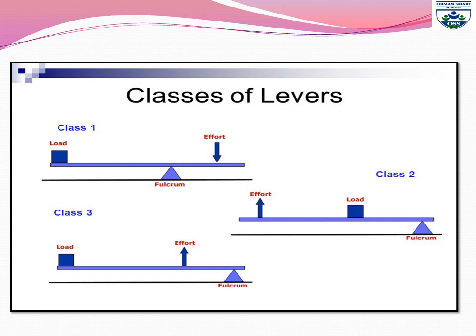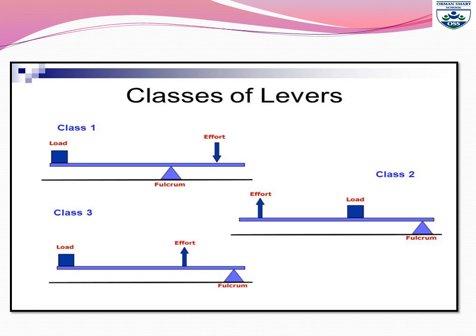Classes of levers. We studied types of levers, and we have three types. Number 1, first class lever. Number 2, second class lever. Number 3, third class lever. What's the meaning of first class lever? First class lever is the lever which has the fulcrum as the midpoint between effort force and resistance force.